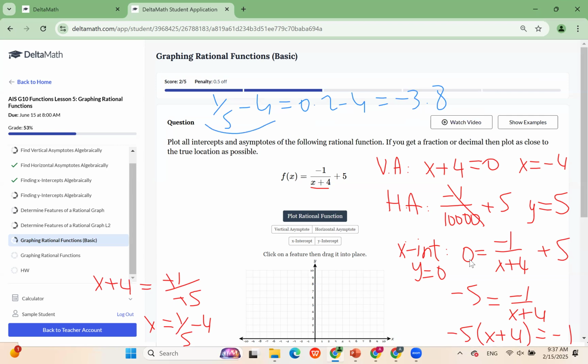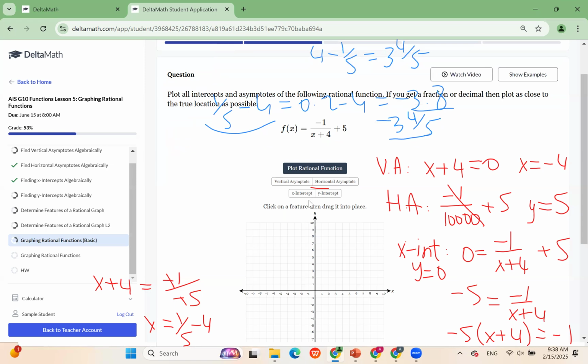So 1 over 5 minus 4 would be -3 and 4 over 5. Think of it as a mixed number or as a decimal to be able to plot it. So for the x-intercept, I'm going to need to plot that. It's -3.8, so almost -4. Not quite at -4, just a bit before it like this.